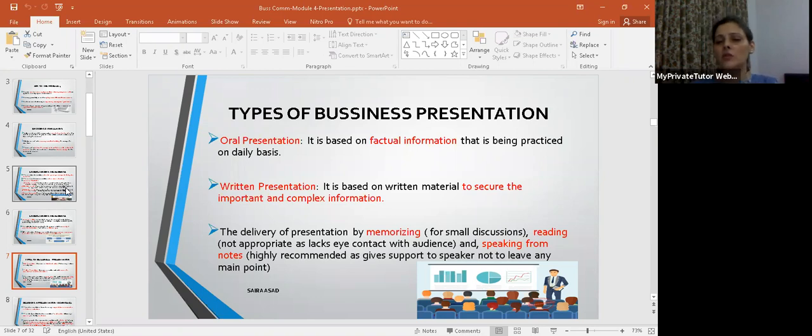It is based on factual information that is practiced on a daily basis. You can see in your daily organization, the manager or the departmental head stands in front of the people, holds the meeting and makes the other people understand. That is done orally, and it's known as oral presentation. He's just guiding all the employees.